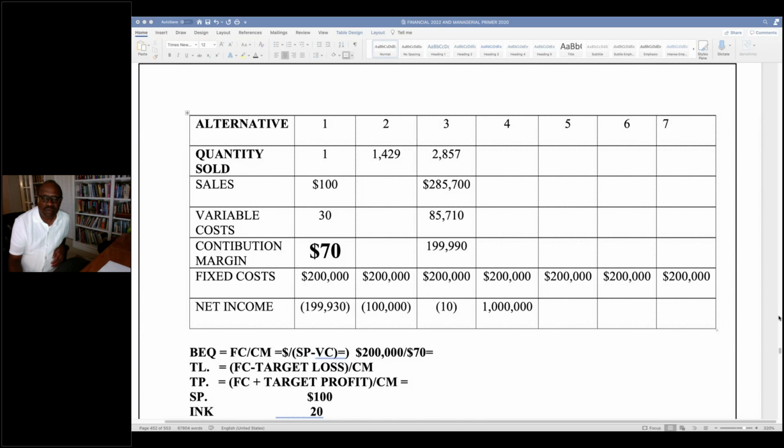I got the same thing. All right, so what's the sales going to be on 1,429? 142,900. What's the variable cost going to be? 100,030.